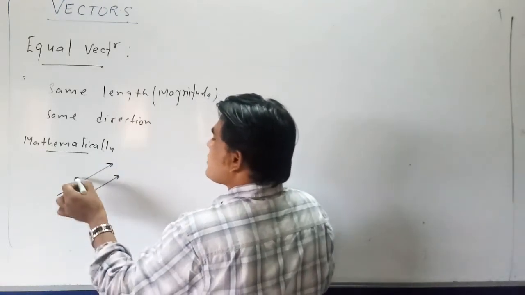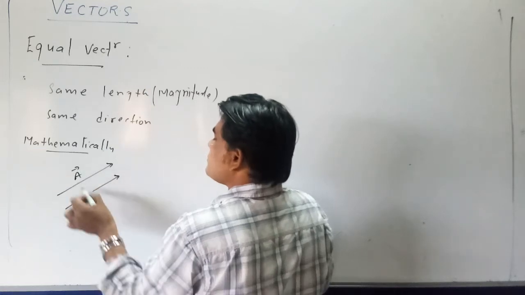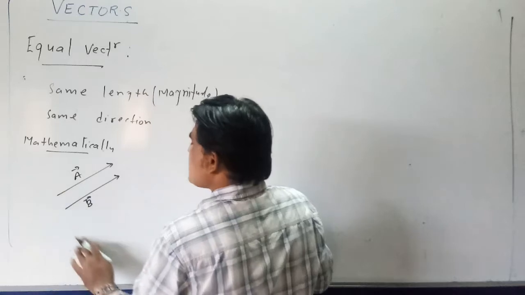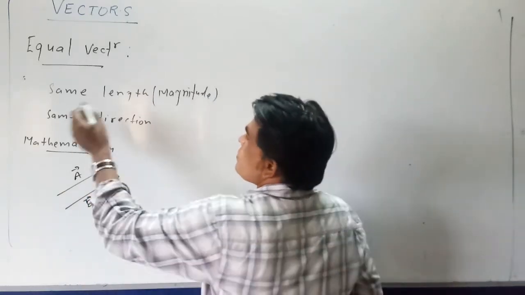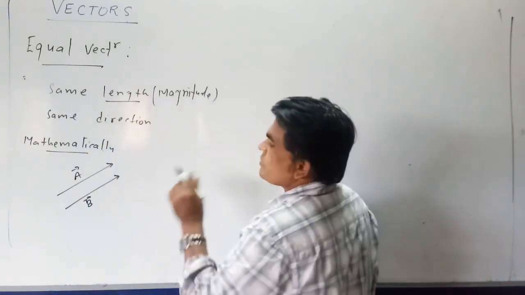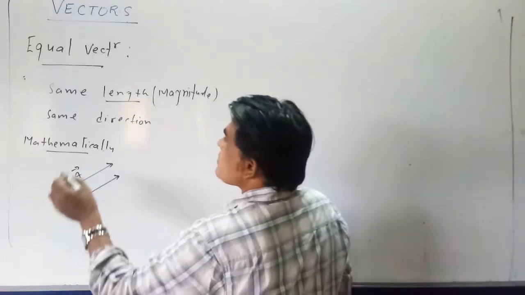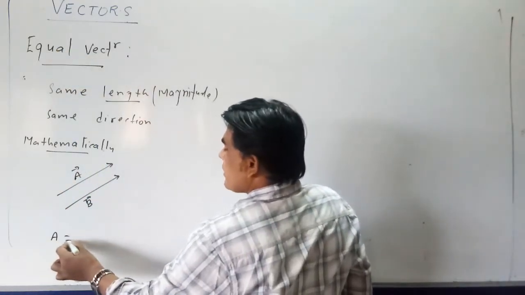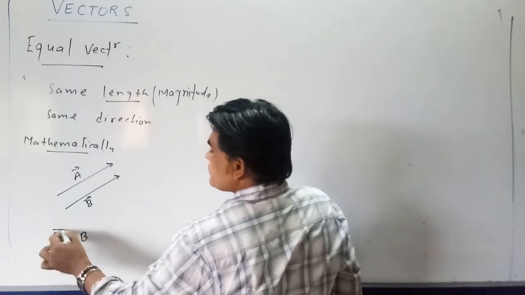Suppose these are two vectors, say it is A, it is B. Because their initial point is the same and final point is the same, their length is the same, their direction is also the same, so we can say A and B are equal vectors, and we can write it like this.